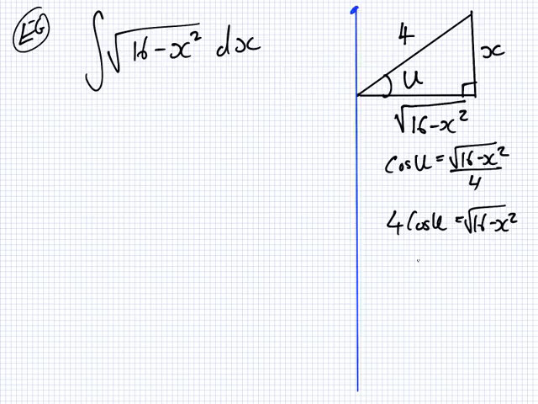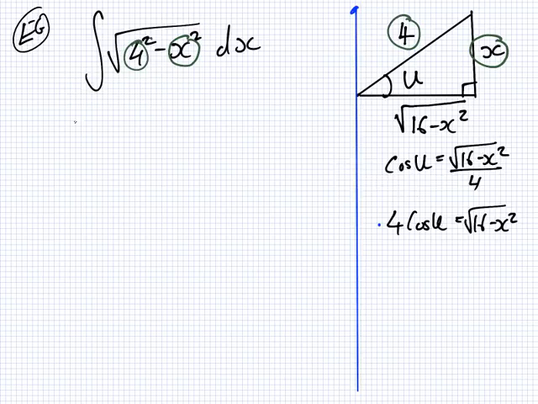And the reason I drew the triangle is to help you make this, because it's too difficult to try and make it by itself. We need to draw a triangle. So the way it works is you place this side, you call it x because this is x, and this side you call it 4 because this is 4 squared.